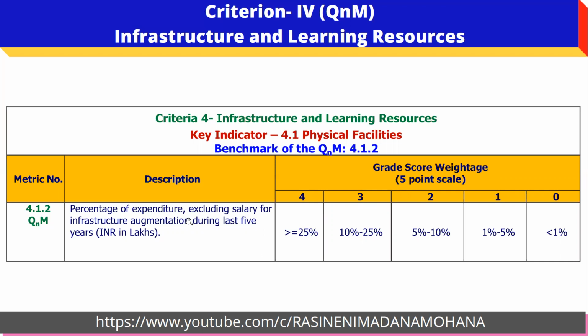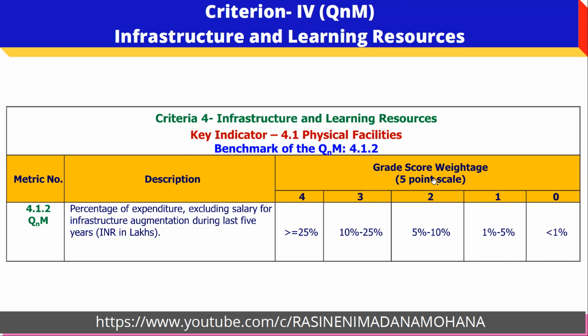If the percentage of expenditure for all the 5 years together is between 10 and 25%, you will get grade 3. If it is between 5 and 10%, the grade is 2. If it is between 1 and 5, the grade is 1. If the percentage of expenditure for all 5 years together is less than 1%, the grade is 0.